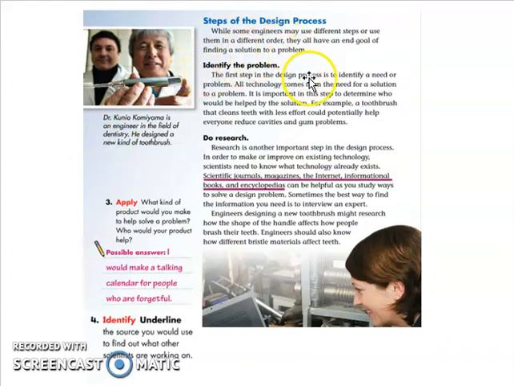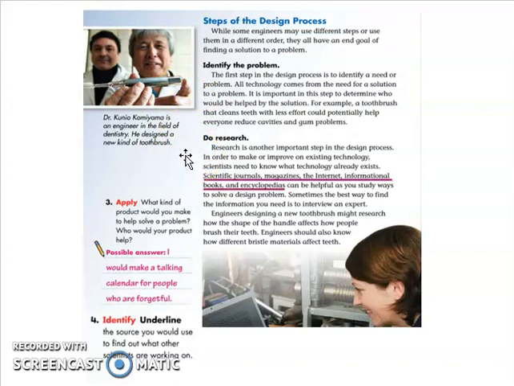So let's start the first step. Step number 1 is identify the problem. Remember that scientists help us to solve problems. So before they solve the problem, they need to identify or know the problem. Here, Dr. Kunio Komiyama is an engineer in the field of dentistry. He is a dentist who invented a kind of toothbrush, an electric toothbrush.